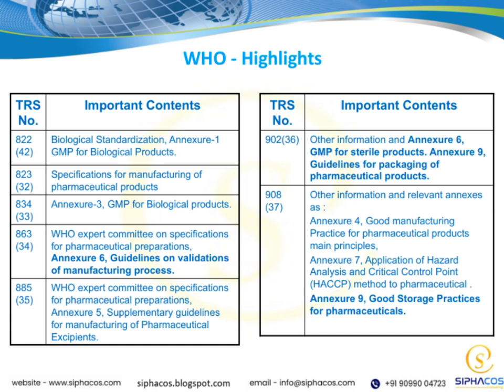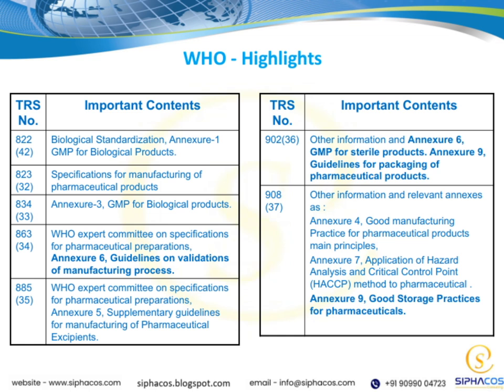TRS number 823, 32, provides specifications for manufacturing pharmaceutical products, setting clear standards for quality and consistency. TRS number 834, 33, again, addresses GMP, but specifically for biological products, reinforcing the importance of tailored guidelines for different types of pharmaceuticals. Finally, TRS number 863, 34, and 885, 35 are from the WHO Expert Committee on Specifications for Pharmaceutical Preparations.